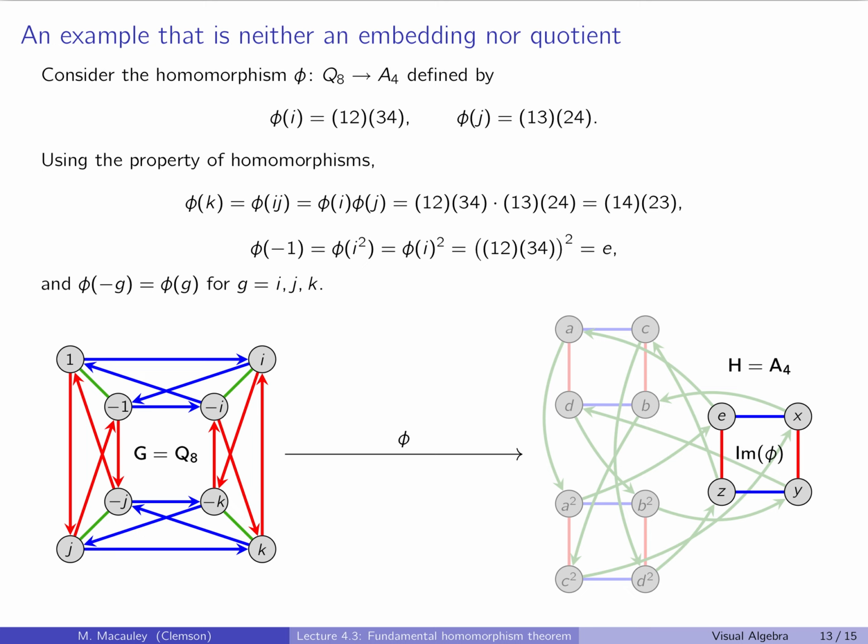This is from the quaternions to the alternating group, and it's defined on the generators i and j by sending i and j to two elements of order 2, and then k has to get sent to the other element of order 2. And it's easy to check that -1 gets sent to the identity, and negative i, j, and k get sent to the same thing as i, j, and k.